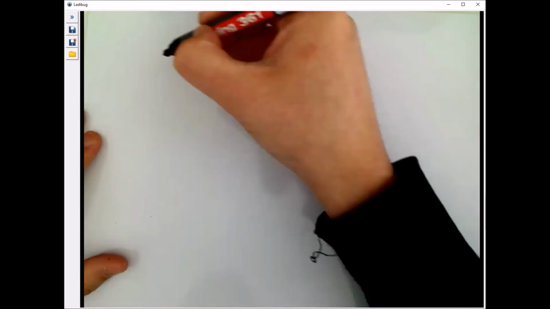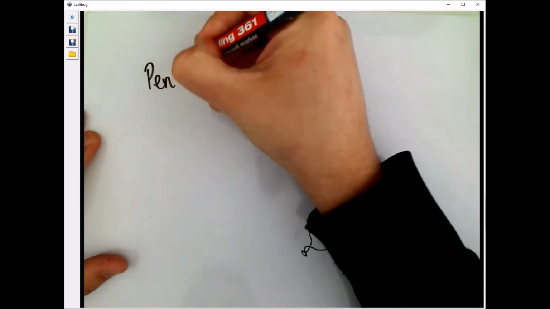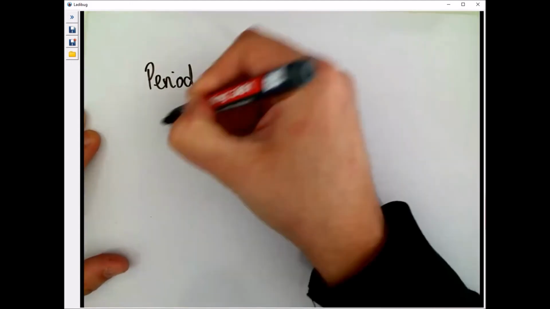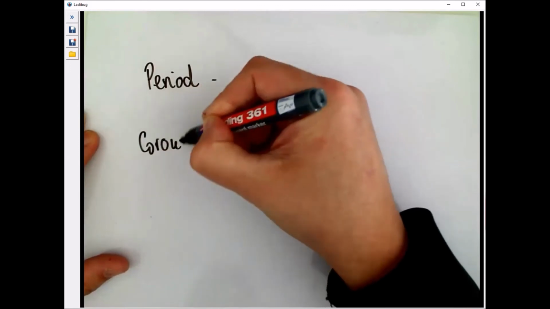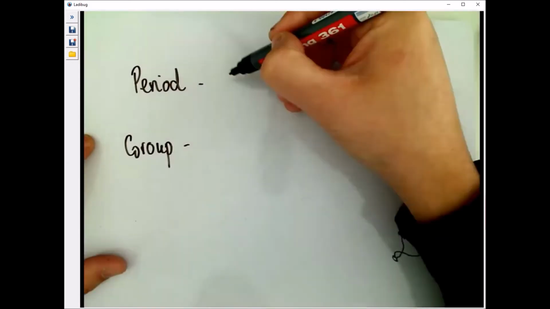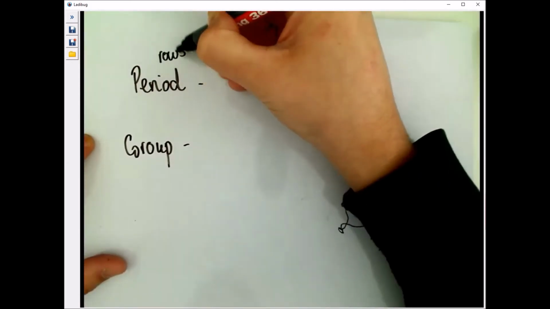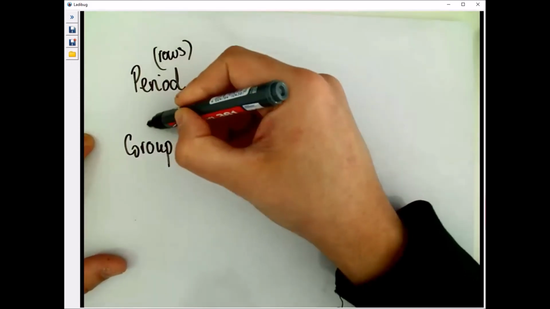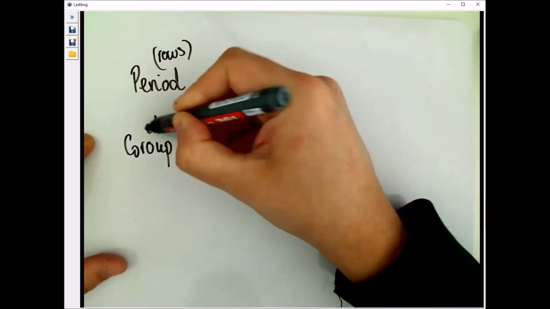Okay, so a shortcut we can use to draw these atoms without having to count out all the electrons and put them onto the shells is having a look at the period and the group that the chemical is in on the periodic table. The period is the rows and the group is the columns.